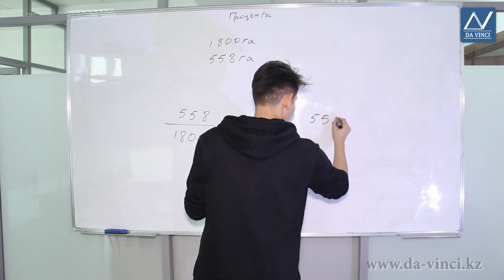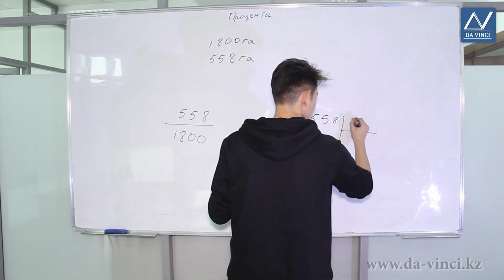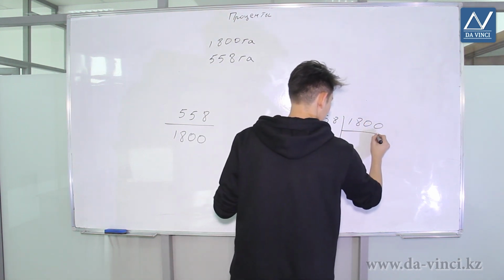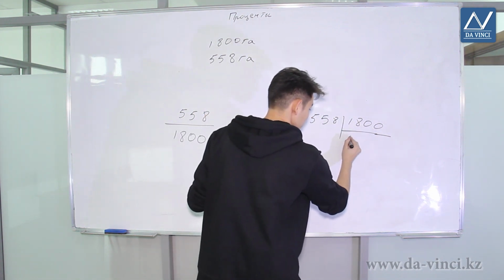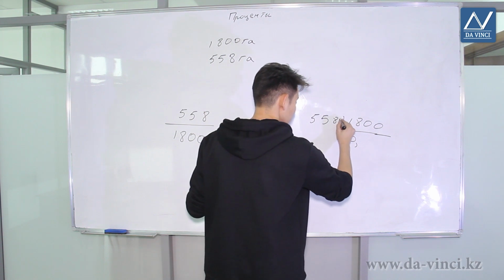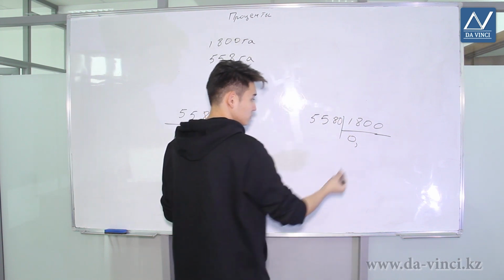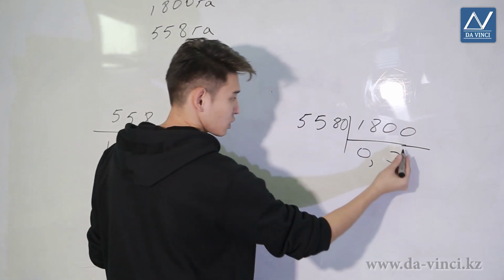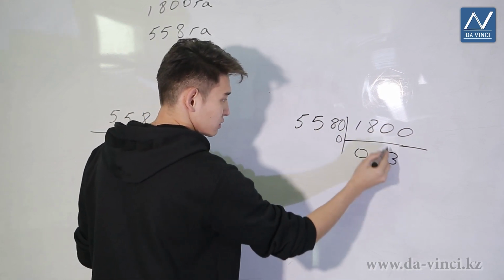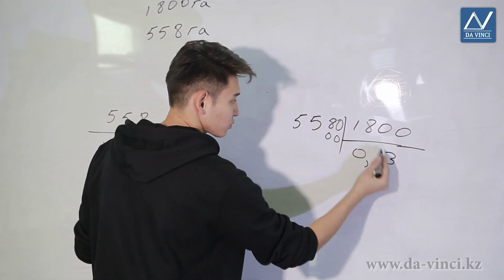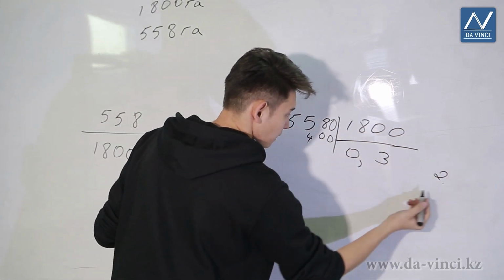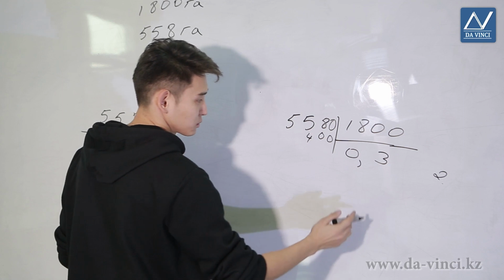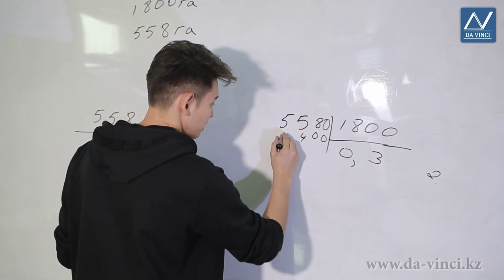558 divided by 1,800. Since the number 558 is less than 1,800, we need to write 0 here and put a comma, and add 0 here. Let's put 3. 3 times 0, it will be 0. 3 times 0, there will be 0 too. 3 times 8 will be 24. We write 4, 2 in the mind, and 3 times 1, it will be 3, plus 2, 5.